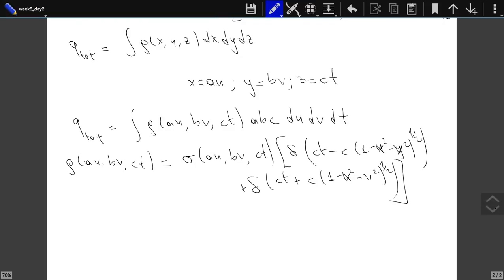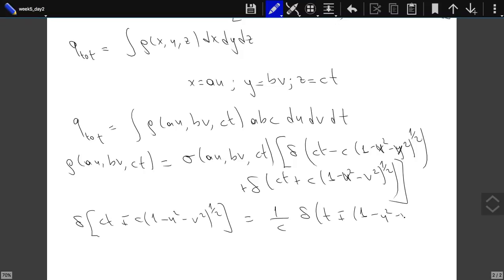Well, these Dirac deltas just tell me that the integral over du dv dt of the Dirac deltas of ct plus or minus c times the square root of 1 minus u squared minus v squared is nothing but 1 over c times the Dirac delta of t plus or minus (1 minus u squared minus v squared) to the 1/2.